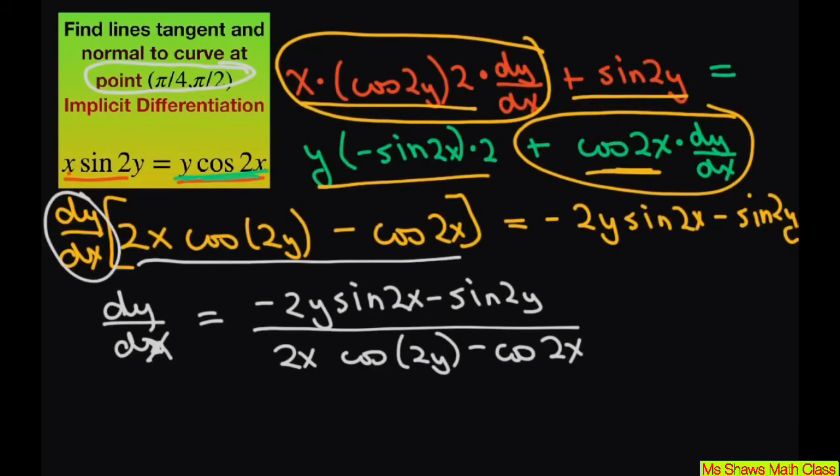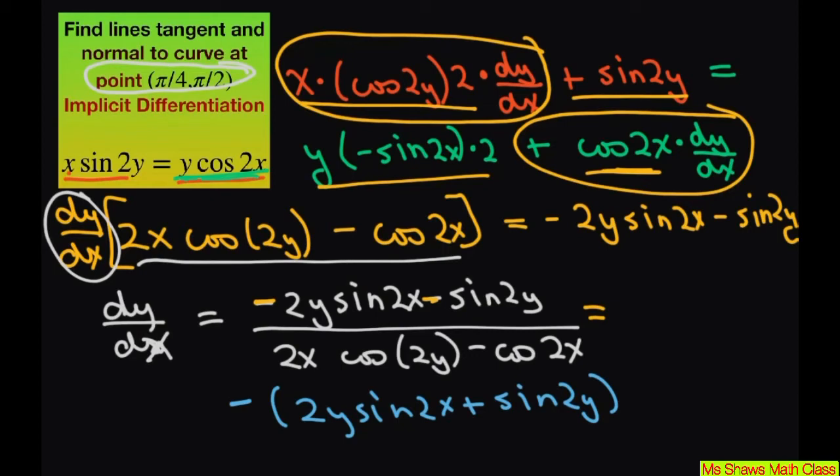Since these are both negatives, you can pull out a negative and write this as 2y sine of 2x plus sine of 2y. I don't have room here, so let me move it down.